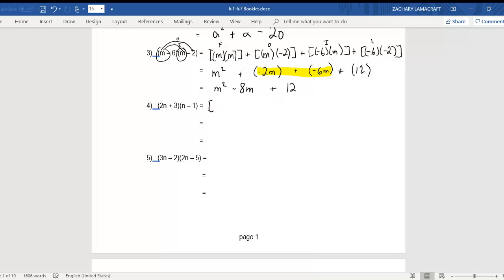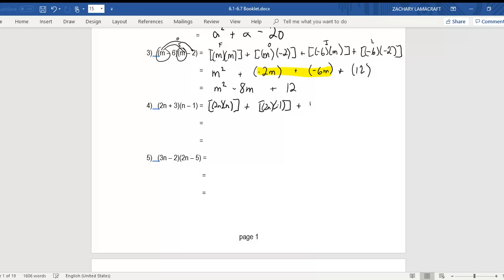So what would be our first bracket? Yep, so 2n times n, awesome. What would be our outsides bracket? 2n, yep. You got it.